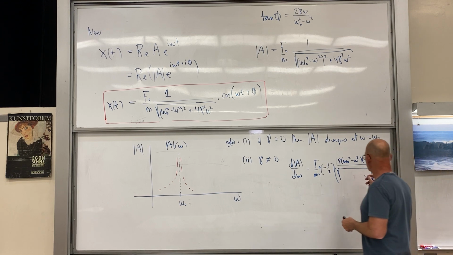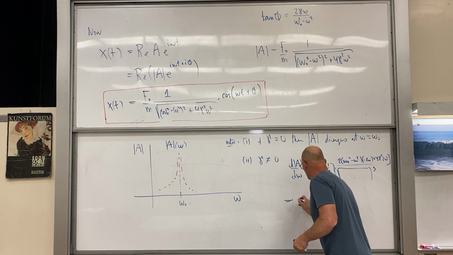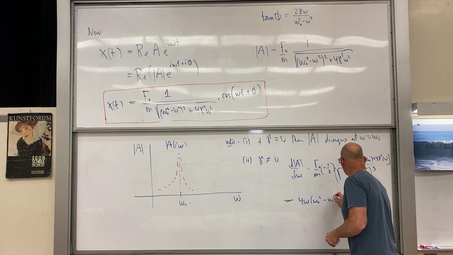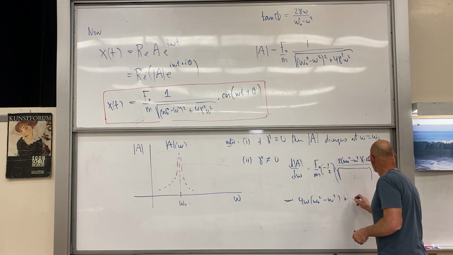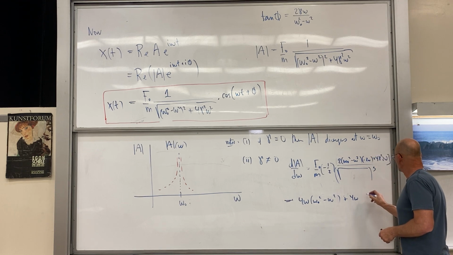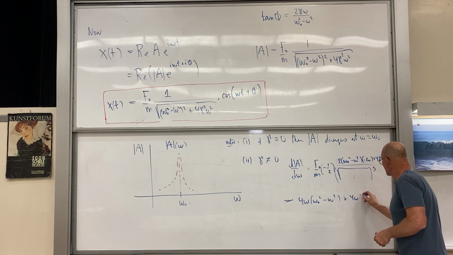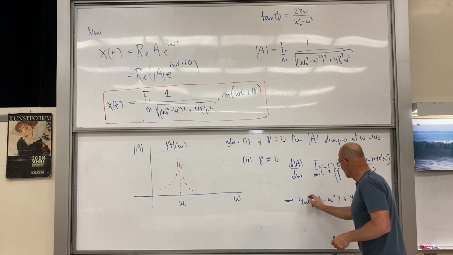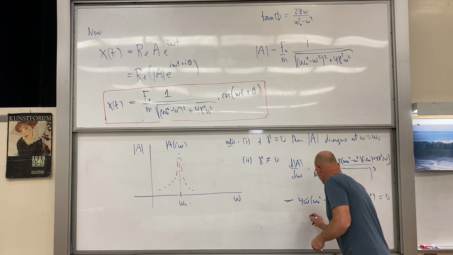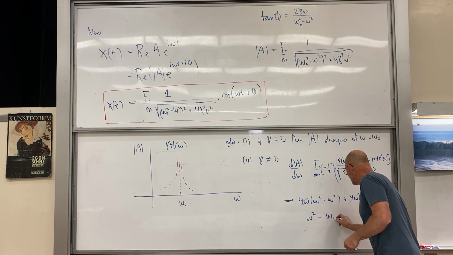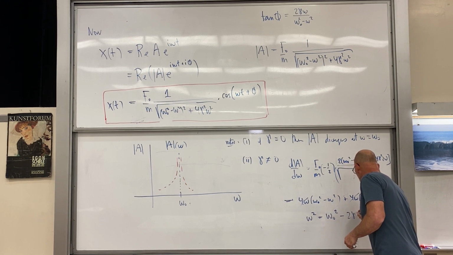So what do we have here? We have 4 omega times omega naught squared minus omega squared plus 4 omega times 2 gamma squared is equal to 0. 4 omegas are gone, so we have omega squared equals omega naught squared minus 2 gamma squared.